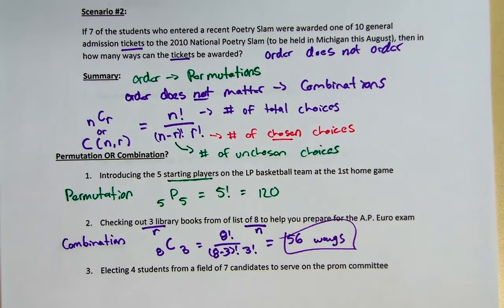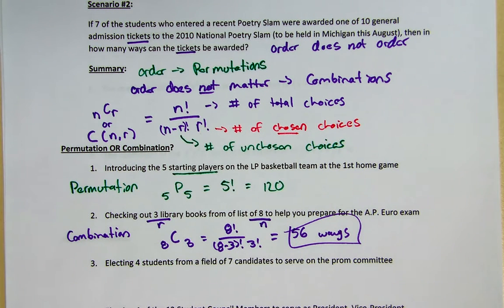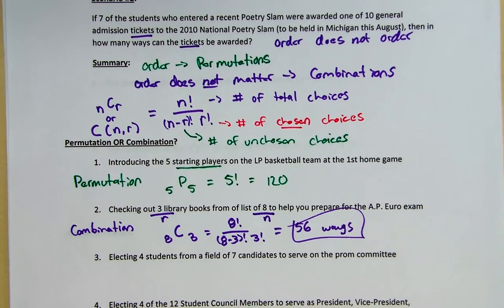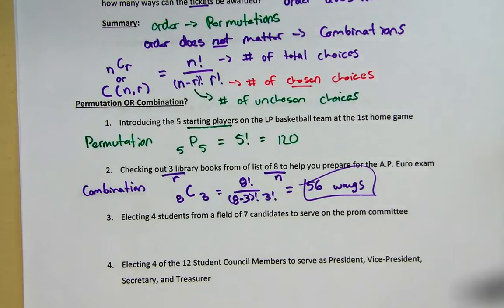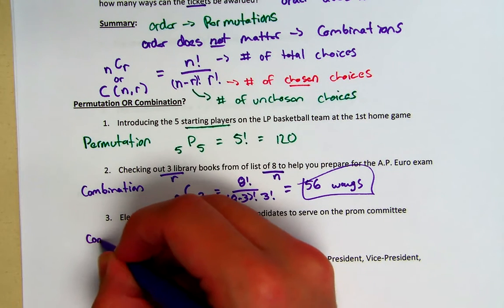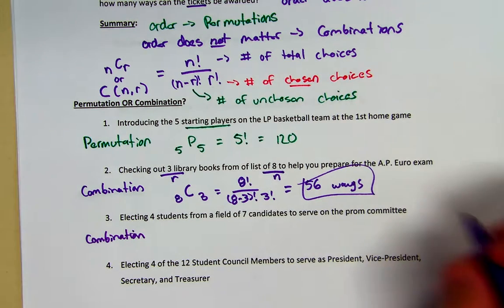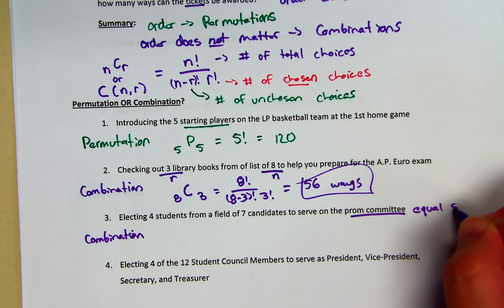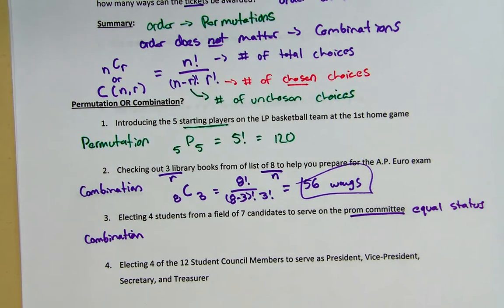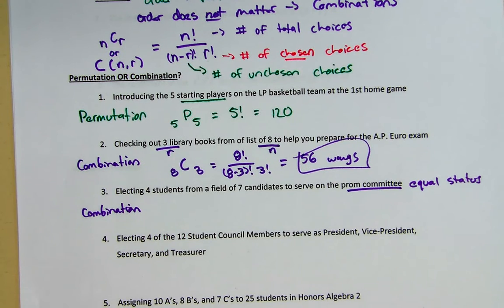Electing 4 students from a field of 7 candidates to serve on the prom committee. Now, since they're all equal status, this is actually a combination problem. The way I kind of figure that out is that it's just a prom committee, so equal status. Now, if it were like doing a president, a vice president, it would be different.